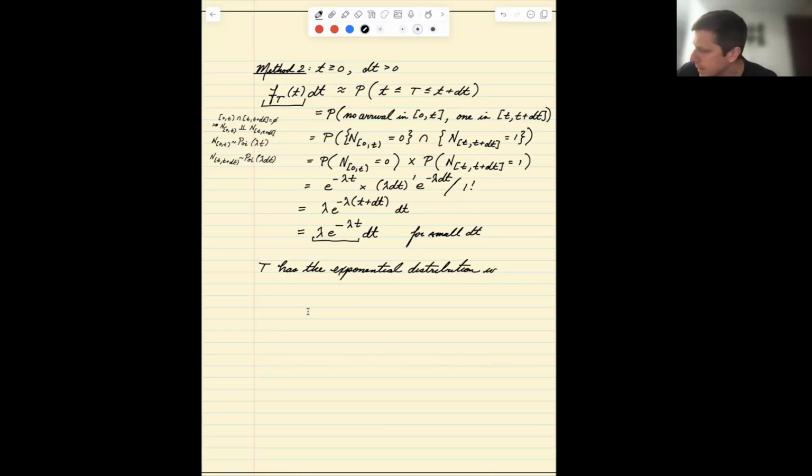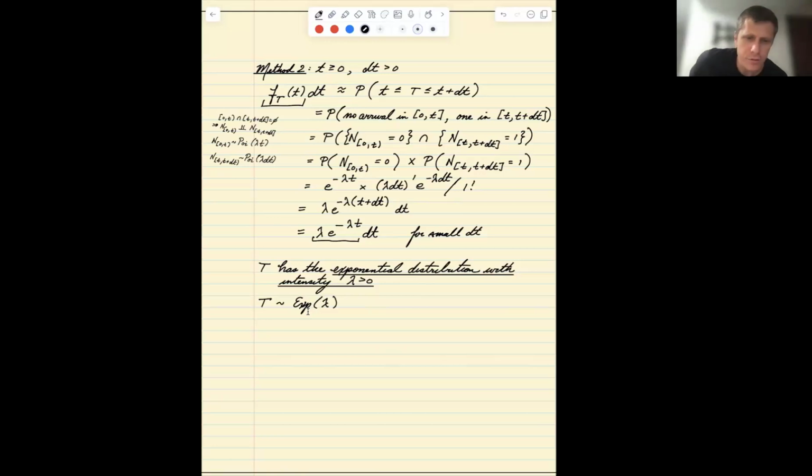With intensity lambda. And we write this as T is exp lambda. Okay.